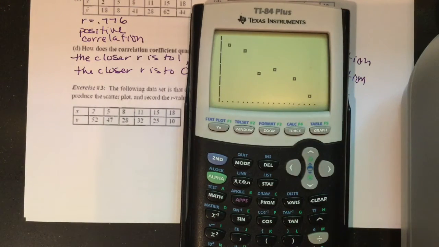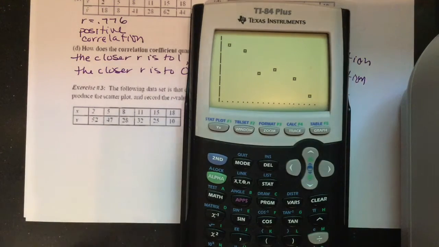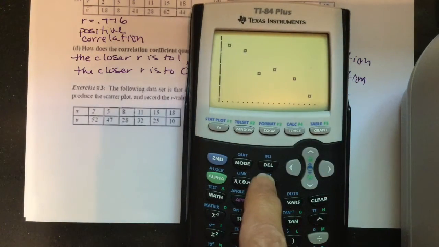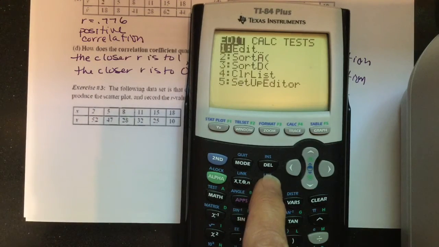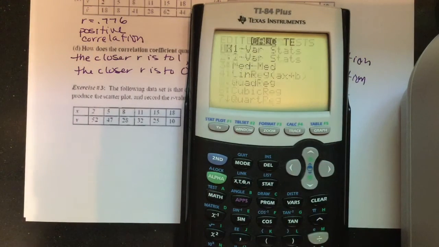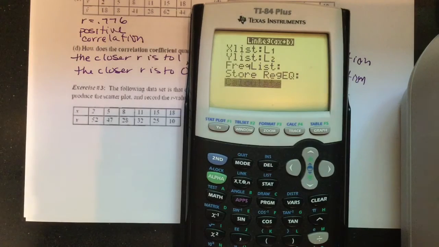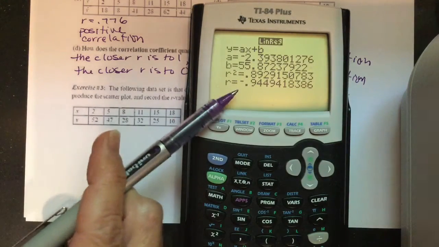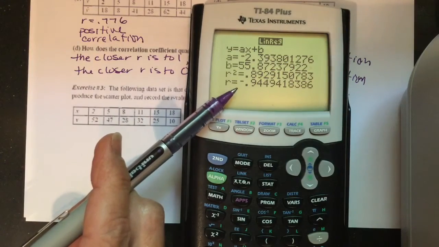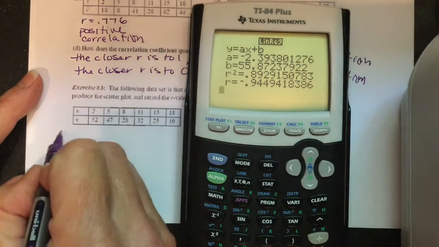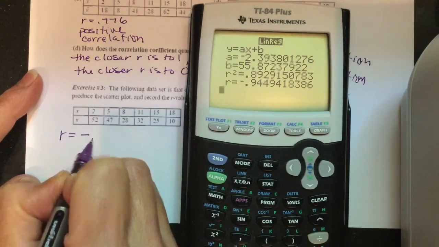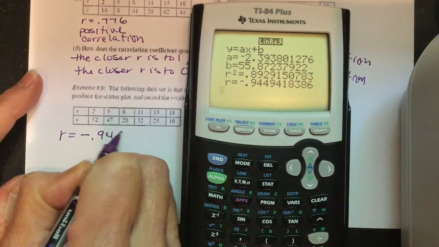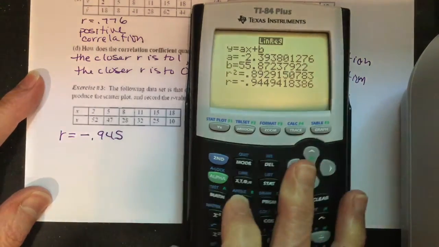So this time when I do my zoom 9, I notice that when x increases, y is decreasing, it's going down. So I should have a negative R value or a negative correlation coefficient. So when I calculate this, just like we've been doing, it's hard to see, but notice that it is a negative value here. So this time R equals negative 0.945 when we round.